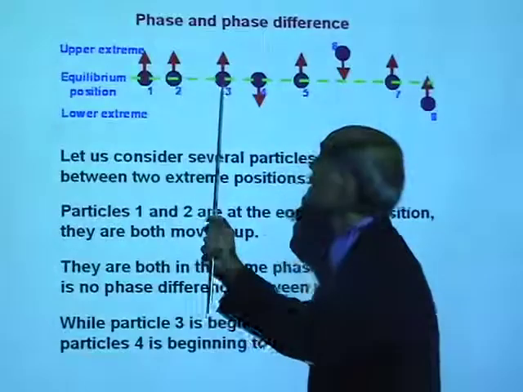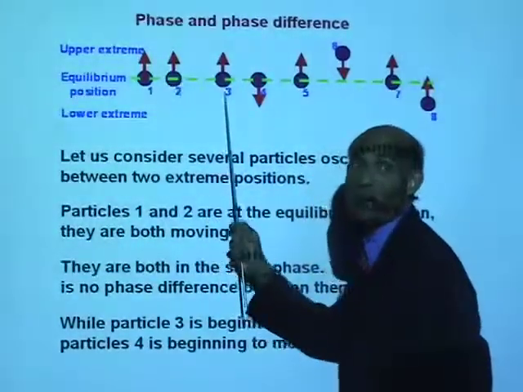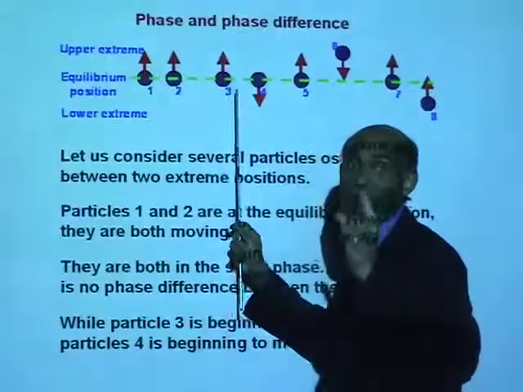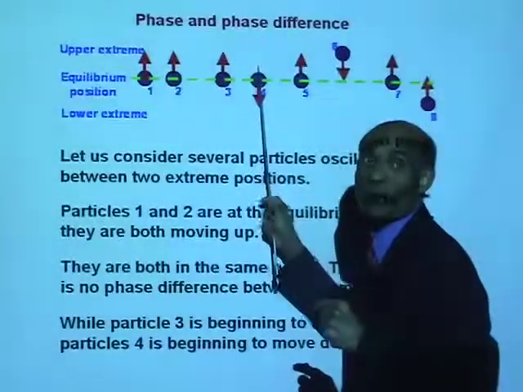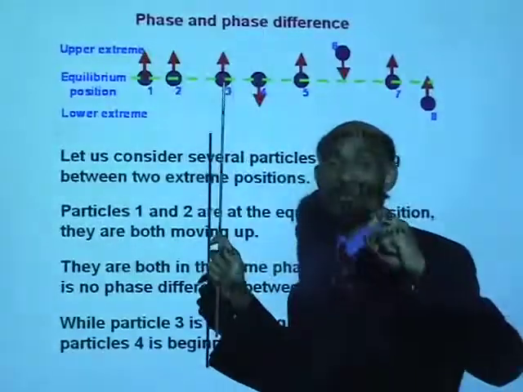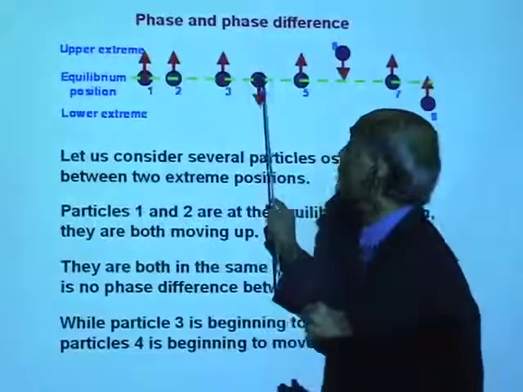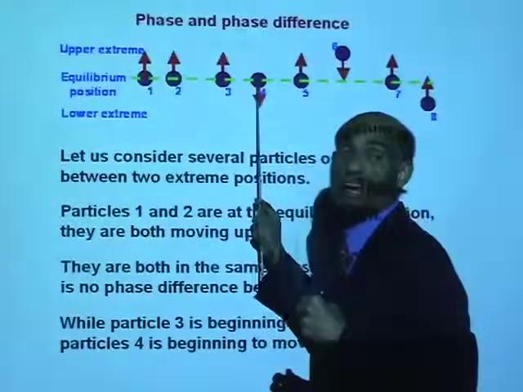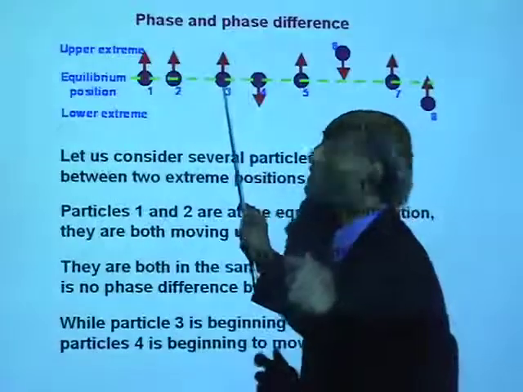Remember, the time taken to go up, back and down and back is one period. So this particle has gone up and come back. That means it has already covered half a period. So we can say particle 4 is half a period ahead of particle 3.